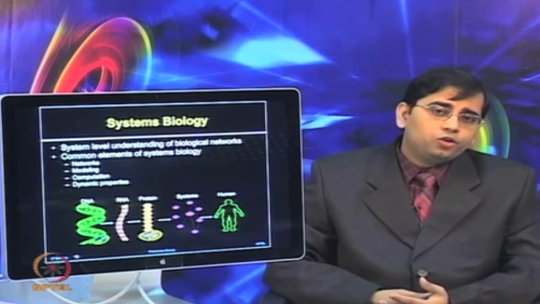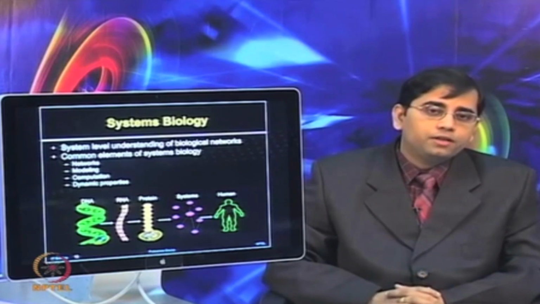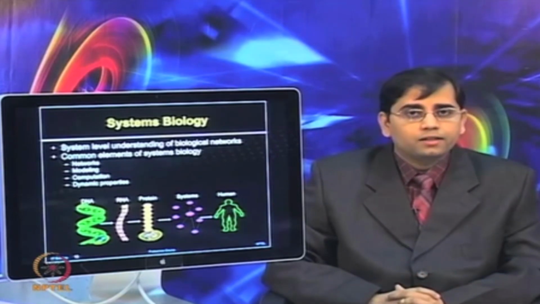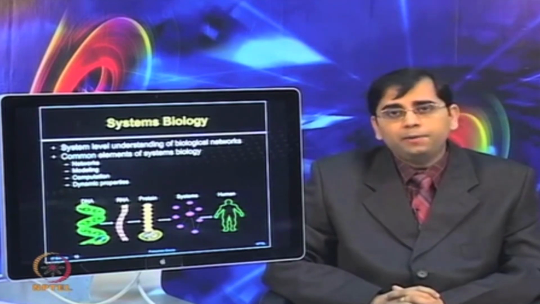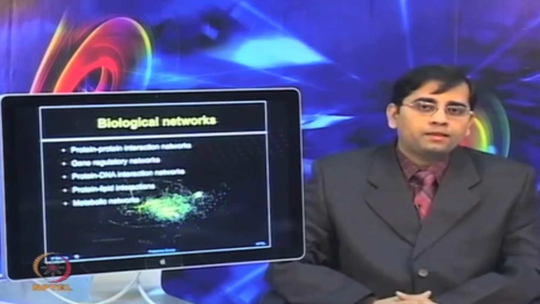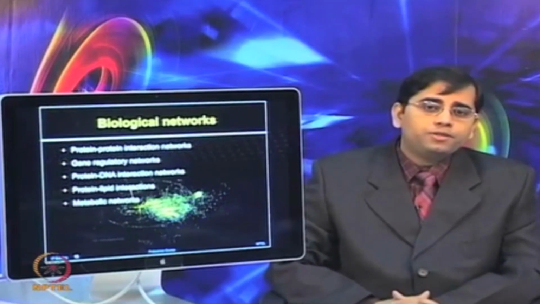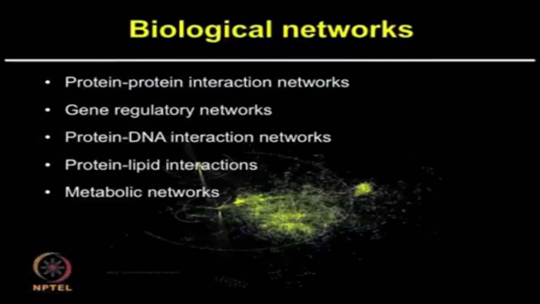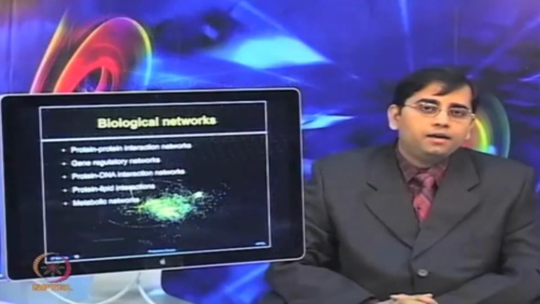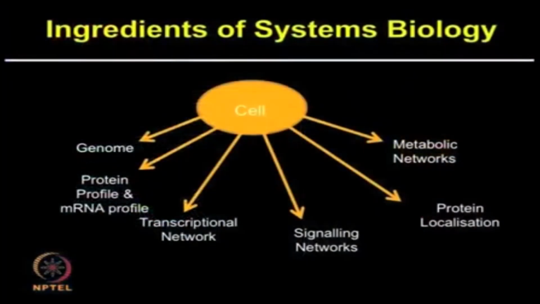The common elements of systems biology include networks, modeling, computation and dynamic properties. The different types of biological networks are protein-protein interaction networks, gene regulatory networks, protein and DNA interaction networks, protein lipid, protein other biomolecules networks and metabolic networks.